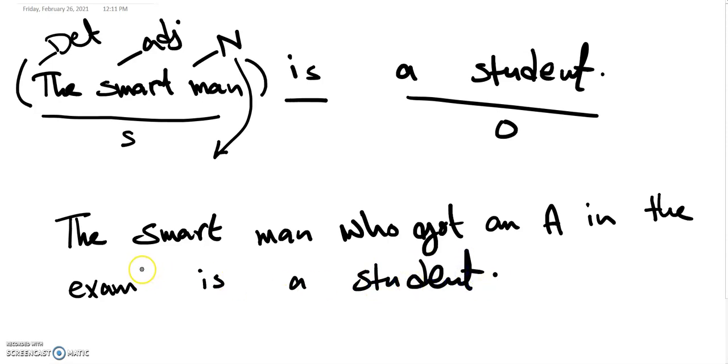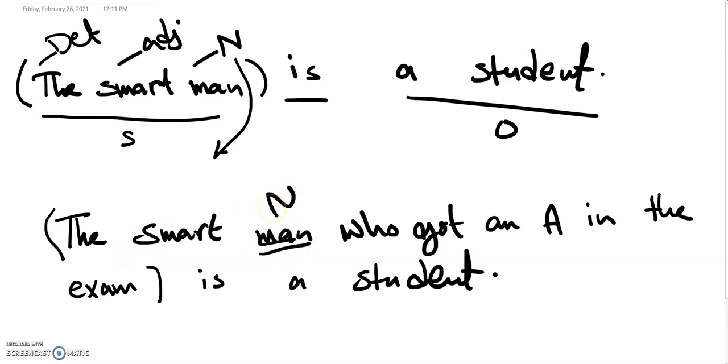Yes, so again, if I ask anyone to determine the subject, he will simply say that the subject of this sentence is the smart man who got an A in the exam. All of this group is occupied by the subject. Now, this subject consists of one governing word, which is man.